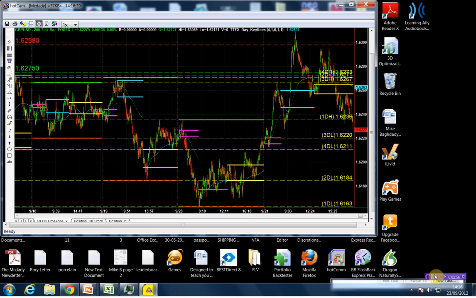So it's a pretty rough point. I don't see any reason for us to even be thinking about it, because it has to penetrate above all these lines before it actually gives us any momentum move to the upside. So it's going to chop, trying to get up to these points, and it's not going to go anywhere.